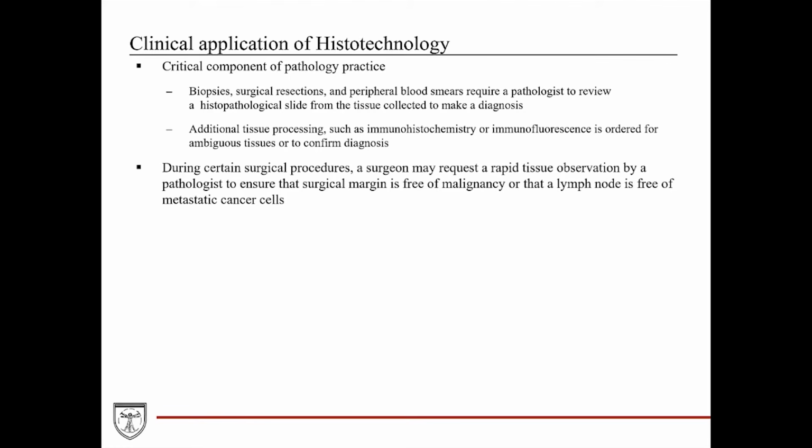So in a procedure called frozen section, a pathologist will take those samples, snap freeze them, section, stain, and make observations, all under a 20 to 30 minute time frame. So it's a very fast process, which is informative for the surgeons to make the decision as to whether they want to go in and take more surgical margins or do more extensive lymph node dissections or whether they can just close the patient up.